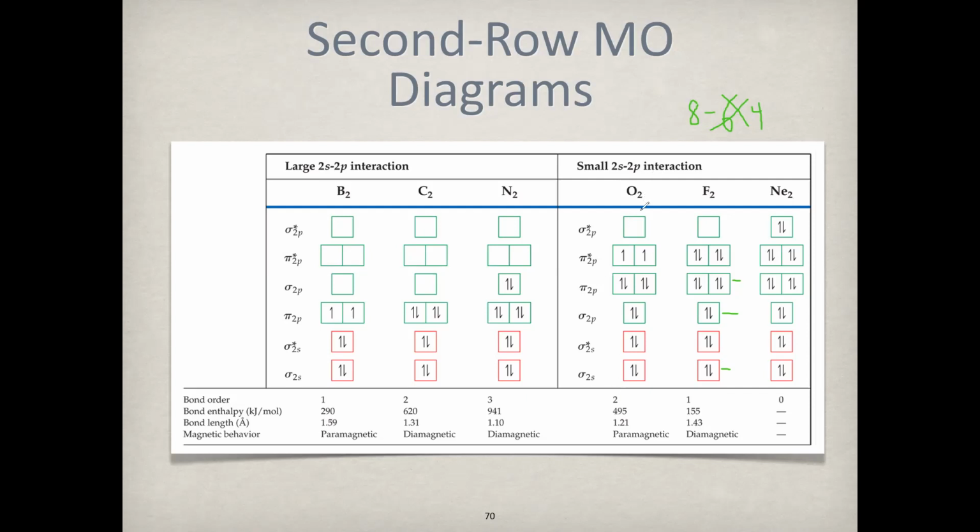That's why oxygen is going to be a double bond. And then the same thing with nitrogen. Now we got rid of all of these anti-bonding electrons in the 2p, I should say. So now we just have that sigma 2s anti-bonding one. So 8 minus 2 gives us 6, but take half of it, bond order of 3. That's why we see a triple bond here.